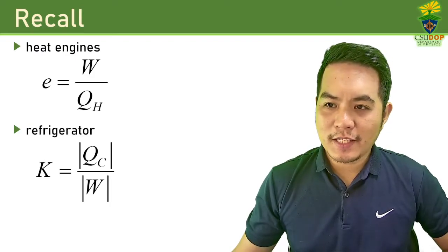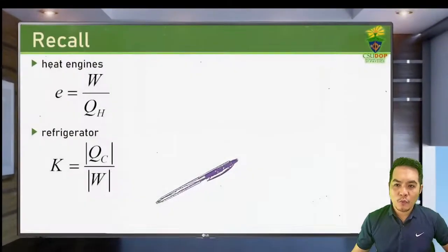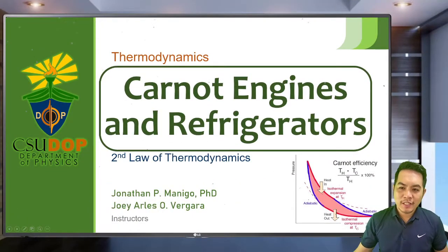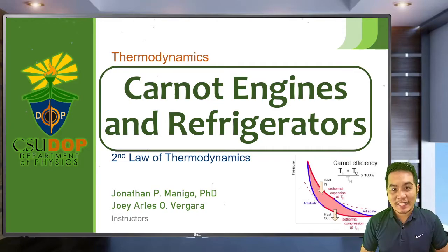In this lesson, we will try to describe the ideal, perfect engine and the ideal refrigerator, or the ones with the highest possible theoretical efficiency and highest possible coefficient of performance. These engines and refrigerators obey the Carnot cycle. Hence, they are called Carnot engines and Carnot refrigerators.